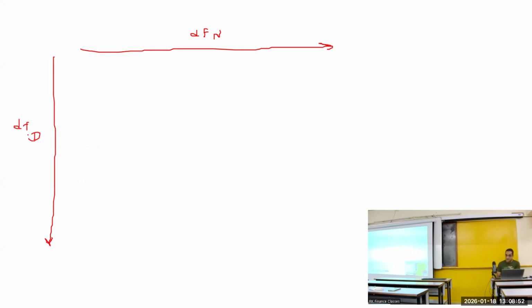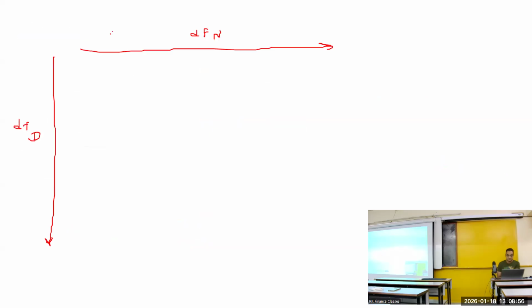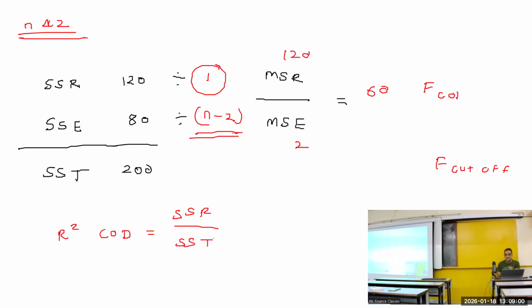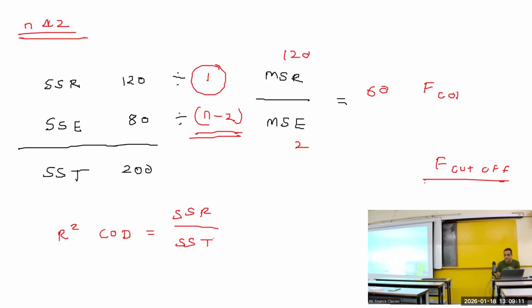So degree of freedom for the numerator is this one, and degree of freedom for the denominator is this n minus 2. In our case 42 minus 2, that is 40. तो ये दोनों का जो intersection है, that's the cutoff value. That's how we get the cutoff value. Calculated value 60, अगर cutoff value से ज्यादा है, then the model, that quantitative model, is good to use.